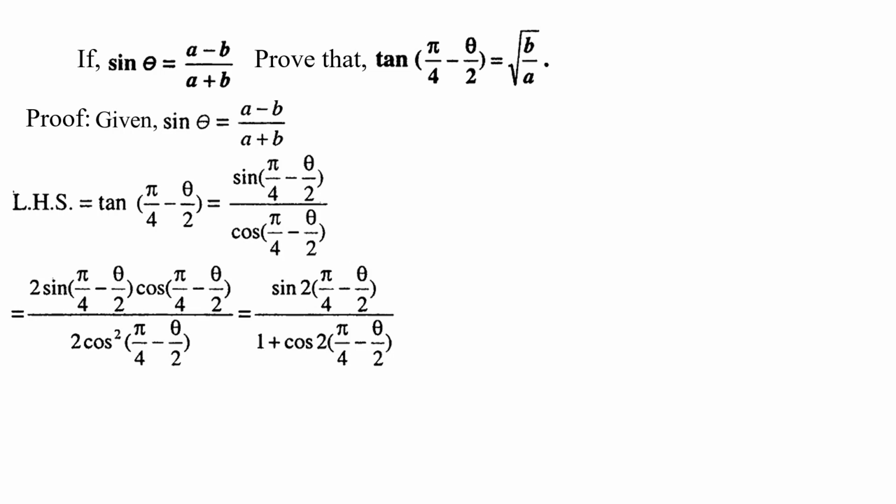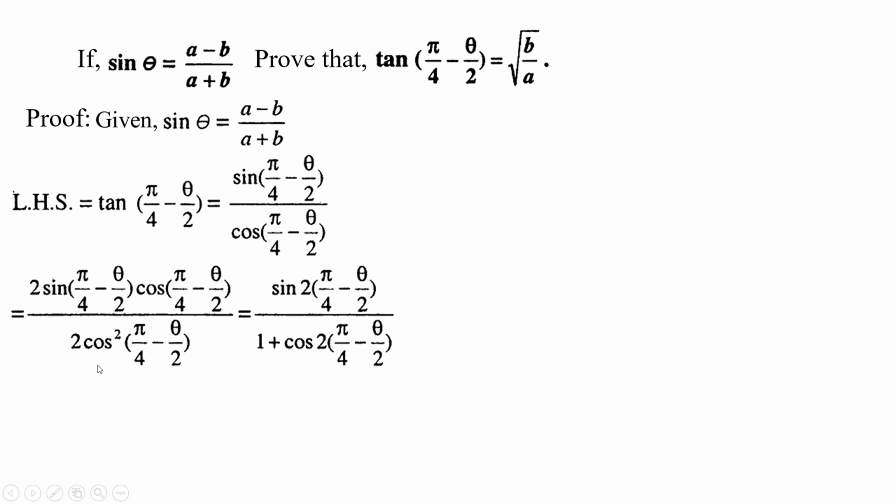So we multiply numerator and denominator by 2 cos pi by 4 minus theta by 2. Suppose pi by 4 minus theta by 2 equal to a. Then you can easily say 2 sin a cos a, that is sin 2a. Here this is sin 2a.